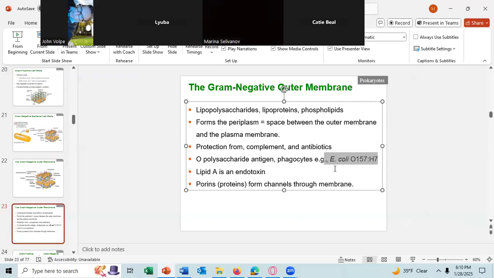Most people who get it will get gastroenteritis, and some of them will get diarrhea. Normal E. coli lacks these two antigens, and normal E. coli is not a human pathogen. At least in your gut, it belongs there.